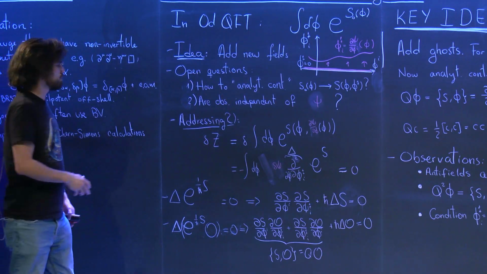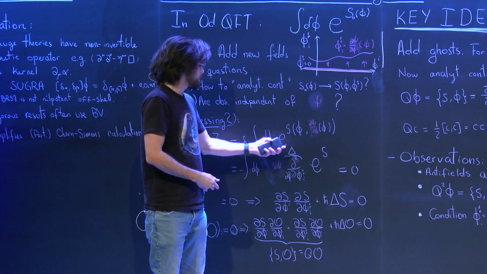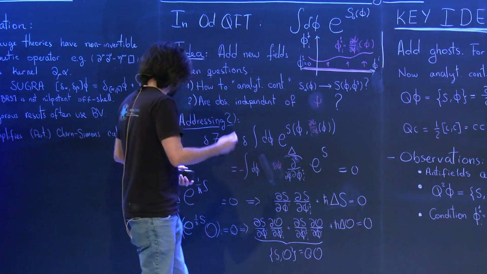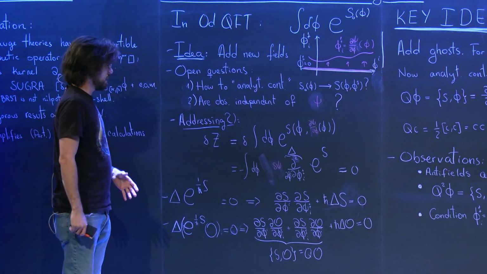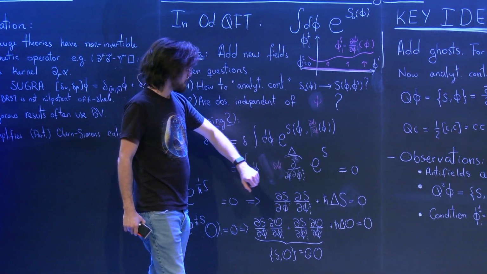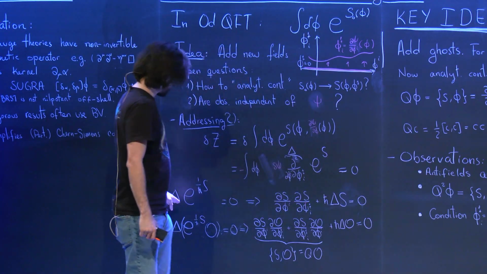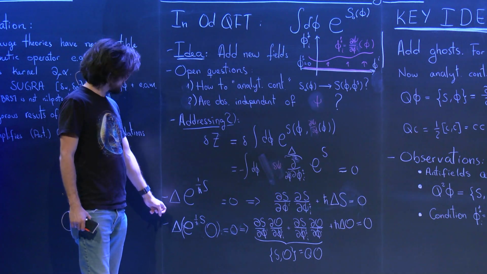So here we stumble upon one of the first characters that arises in the BV formalism, the BV Laplacian. And so we see we require that for this to be invariant under any deformation of psi, this Laplacian must annihilate my action. I write the equation here.